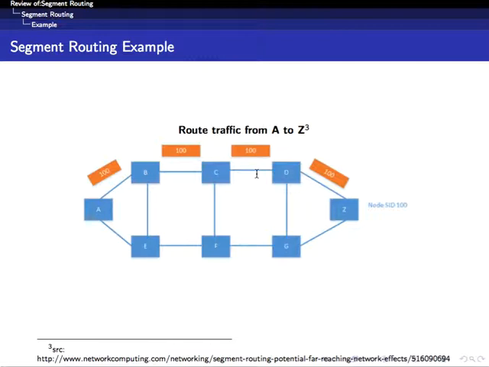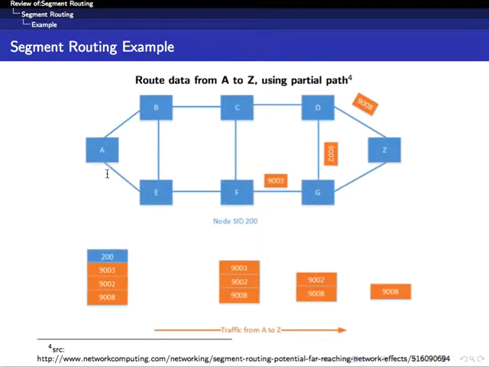Based on the routing scheme, we don't have to specify each specific routing path that it has to traverse, but the routing path can default to shortest path. So it will route traffic from A to B, B to C, D to E, D to Z, and the traffic will get there. And this will require that our labels only contain a single label within a segment.